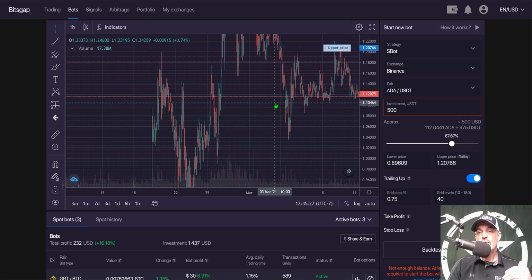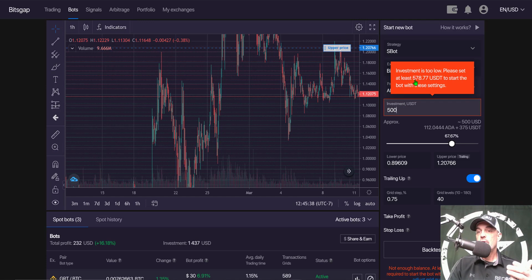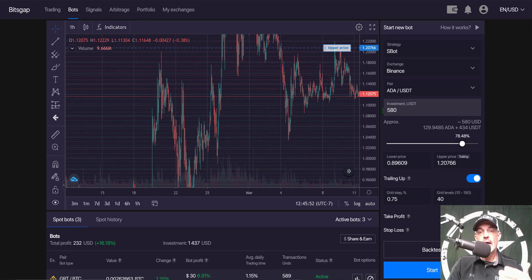And in order to have enough USDT on hand to buy these limit orders when the grids are hit by the bot, I'm going to need, I think it said, 578 USDT. And so now at 580, I have enough ammo for this bot to actually execute these trades. It's going to use about 129 of the ADA tokens that I held when I closed the last bot, and then I will sell some of those ADA tokens and convert them into USDT to use with this bot.